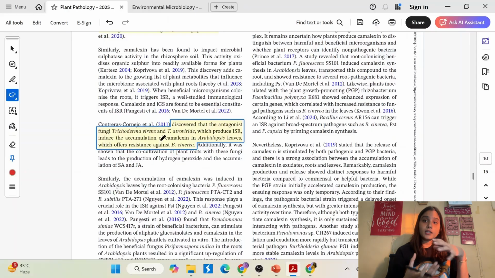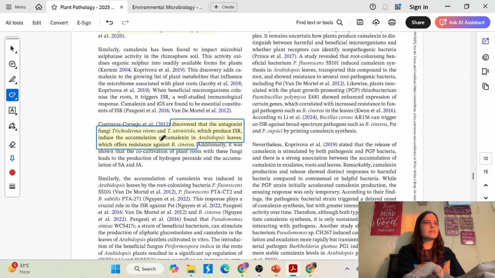They have been widely used in order to promote plant growth. There are several studies which have reported them. In this case they have stated that both of the fungi produce ISR, that is induced systemic resistance, which induces the accumulation of camalexin in Arabidopsis leaves, which offers resistance against Botrytis cinerea, which is a phytopathogen.